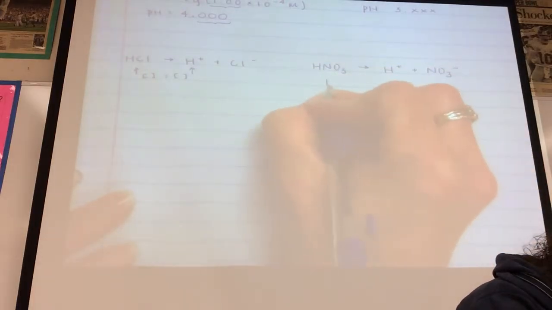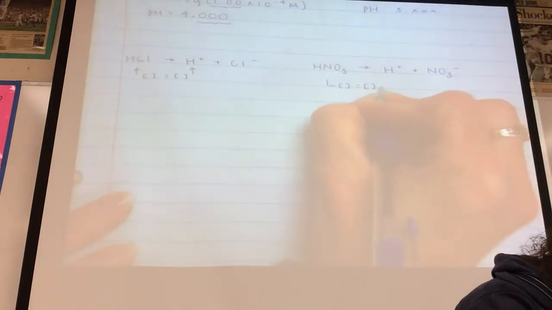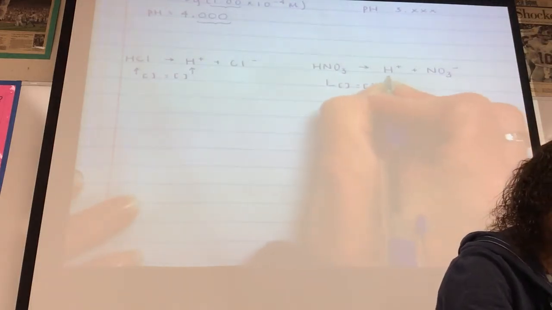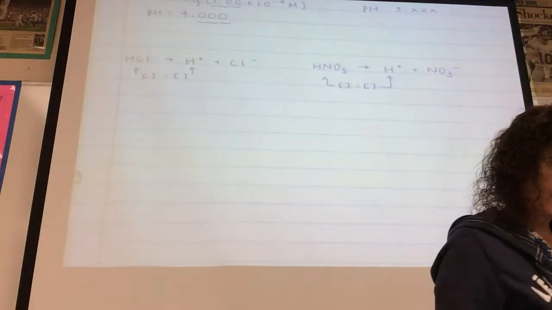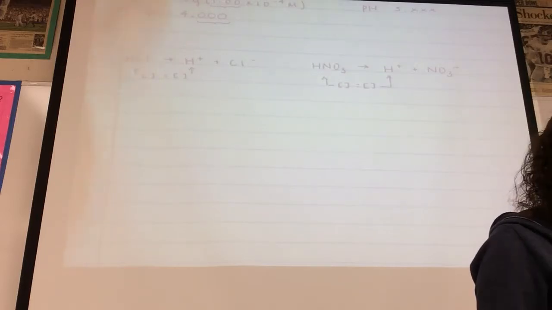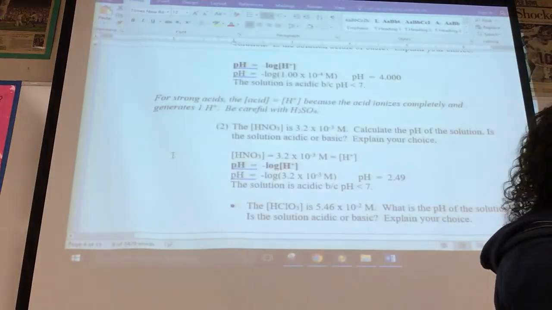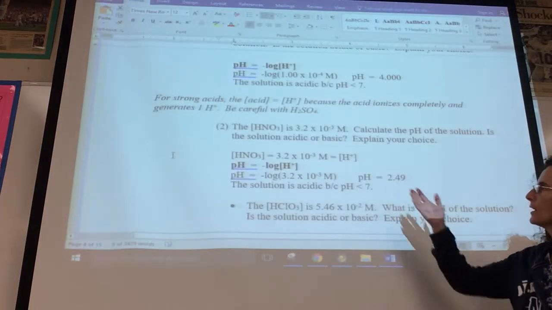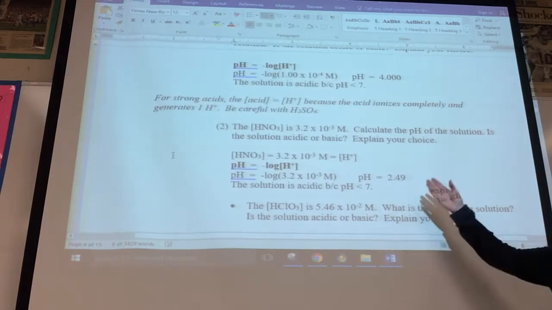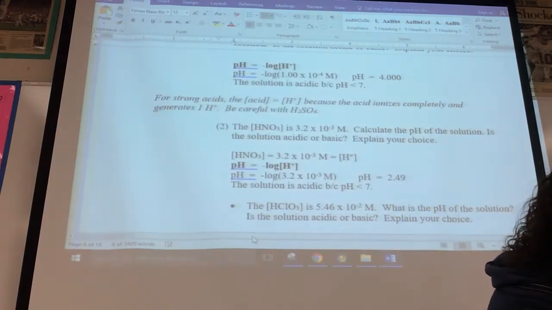So these concentrations are going to be the same. Instead of giving you the concentration of proton, I could give you the concentration of the strong acid, and that's what I'm showing you here. The concentration of nitric acid is 3.2 times 10 to the negative 3 molar.